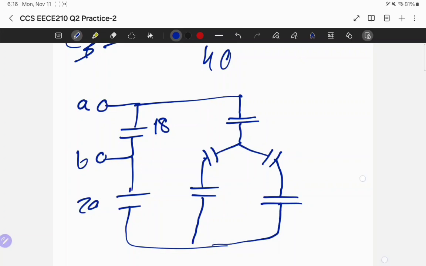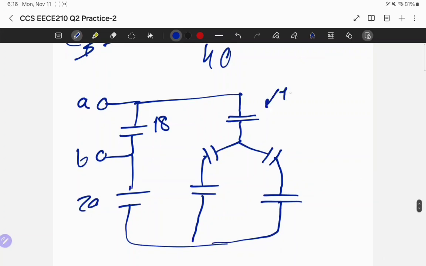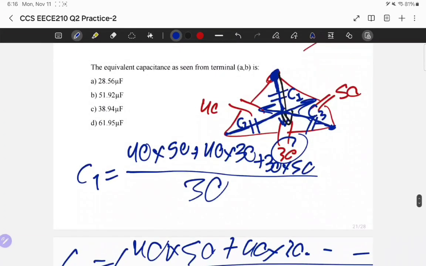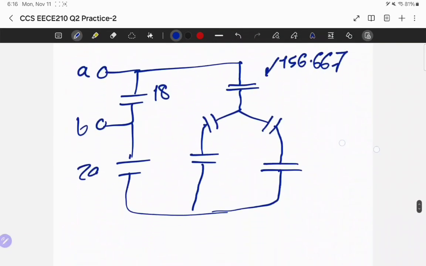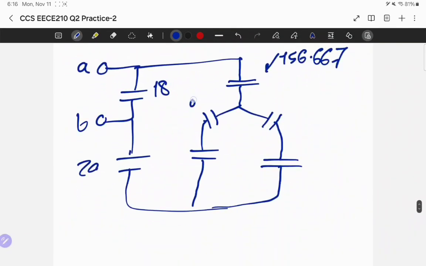The value of this capacitor right here is 156.667, which is C1 after you put this in your calculator, and the value of this is 94, and the value of this is 17.5, which is from your formula. This is 10, this is 20.